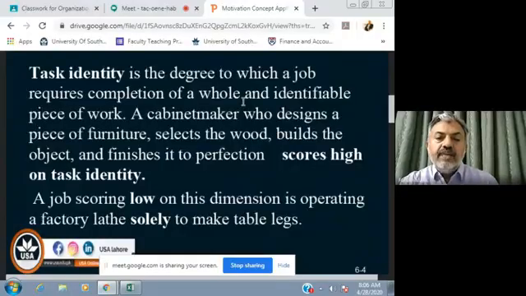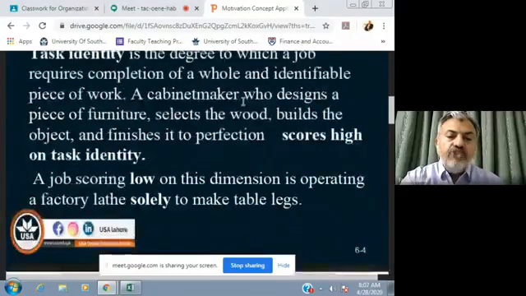So first he selects wood, then he builds the cabinet, and then he finishes it to perfection. He is involved all day in different tasks to complete one big task of building and finishing a cabinet. That's why this activity scores high on task identity.